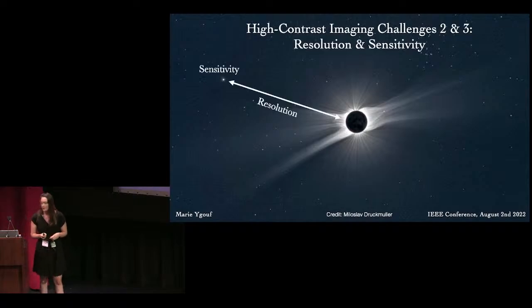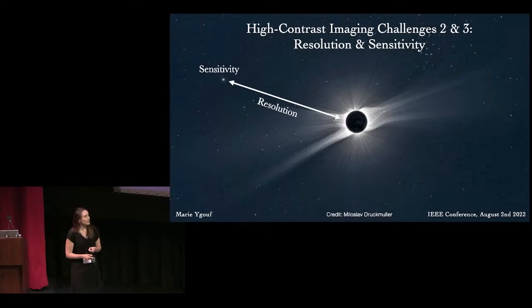So the other challenges of high contrast imaging are to get a big enough telescope aperture to gather enough photons and be sensitive enough to detect very faint companions, and also to get the angular resolution that is necessary to separate the exoplanet from its host star.